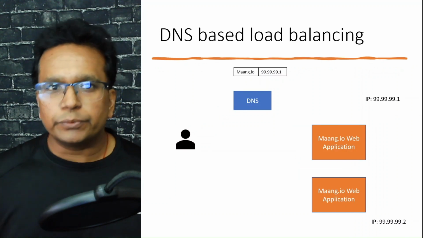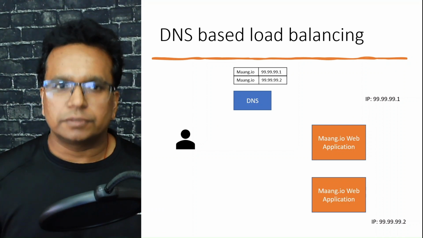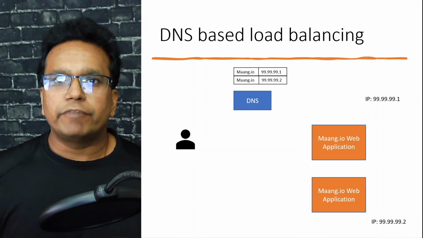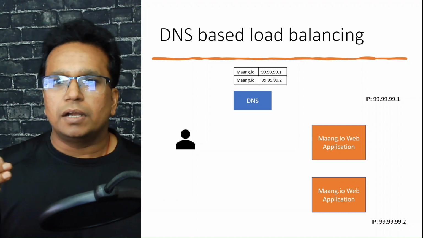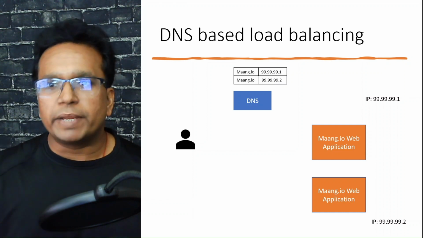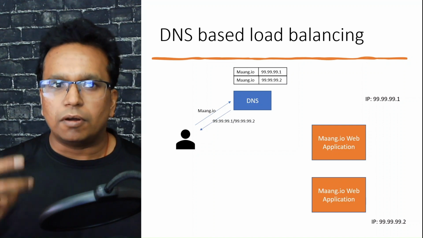So what I'm going to do now is register the new instance of my application, and when a user wants to connect to the application and requests a domain name, the DNS resolver returns one of the IP addresses of the system.